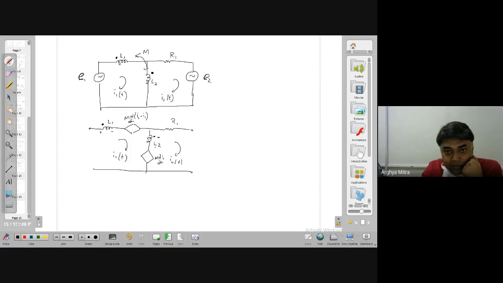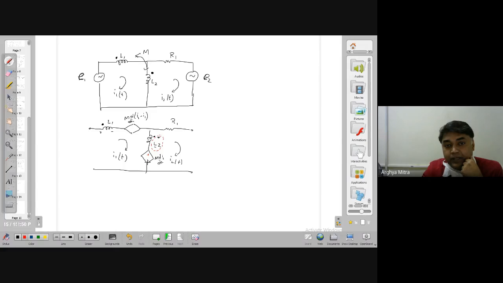So if this is positive and this is negative, then you take this potential and you put it here. Mechanically, you just remember it in this fashion. So I have decided this is positive as current is entering this dot. So this dot will follow this particular polarity. This is positive means this becomes positive. If this becomes positive, then this is negative. So you take this positive and negative and you put it here.